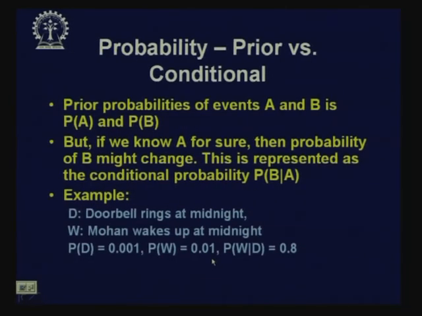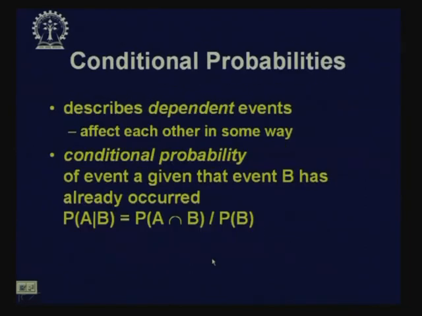There are two types of probabilities. In the earlier case, you see the probability of A and B occurring divided by the probability of B. Now, the probability of B is known a priori. So, here we have to talk about two types of probabilities.